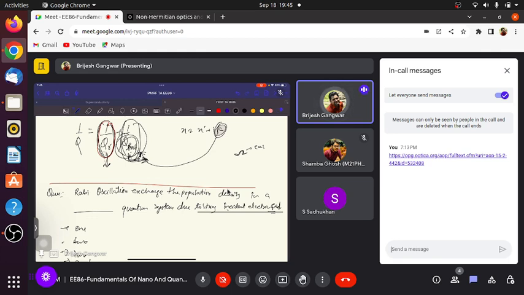One is light and one is matter. So gamma is the exchange energy between matter and the electric field.